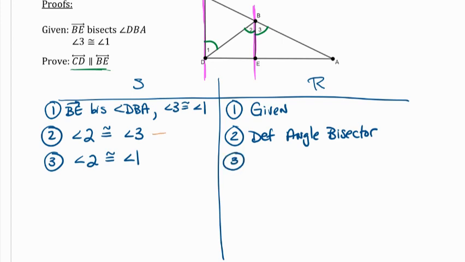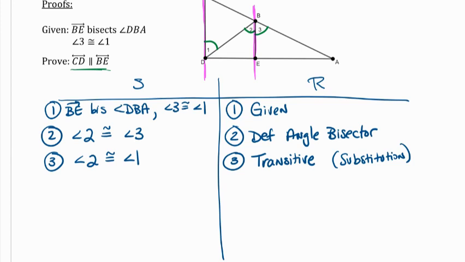Well, we had this information and this information that's given. So if 3 is congruent to 1 and 3 is also congruent to 2, then that means 2 is congruent to 1. This is one of those where you can use either answer here, but technically it would be the transitive property. But I'm okay with substitution here as well. So either of those are okay.